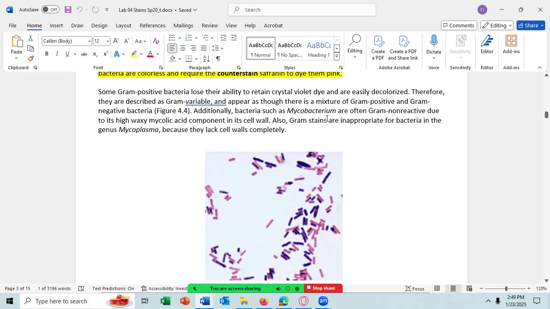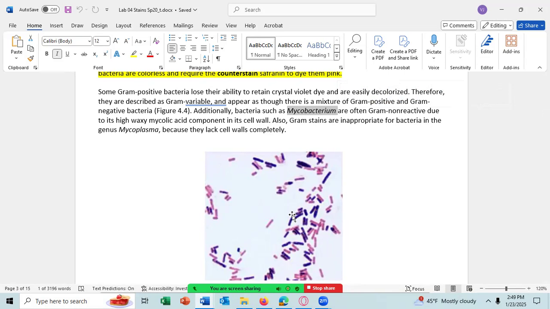The mycobacterium are gram-positive, they just don't stain well. But if you use the gram stain appropriately, meaning you have young cells, they do stain gram-positively, but they're lighter than a normal gram-positive cell.